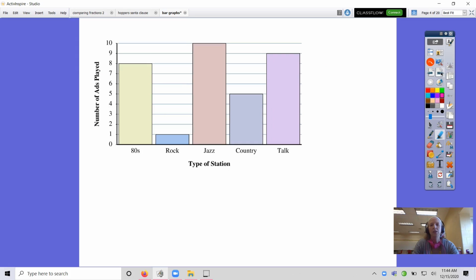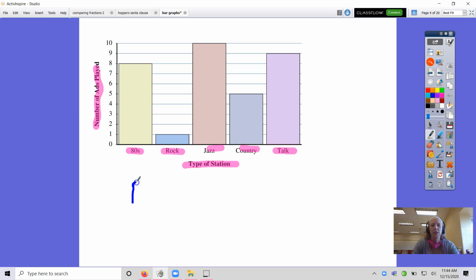Let's take a look at my first bar graph. I can tell that my numbers are on the side and that my labels are on the bottom. I have 80s, rock, jazz, country, and talk. What do you think the title of this would be?